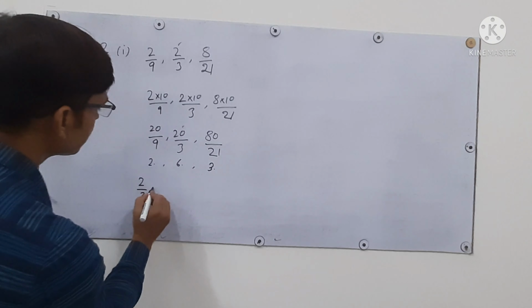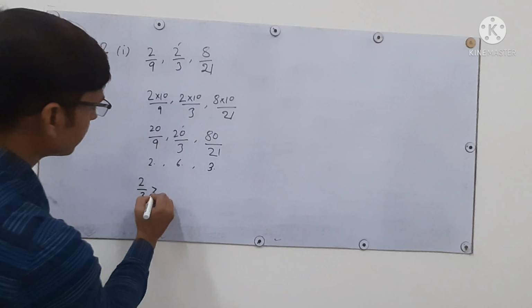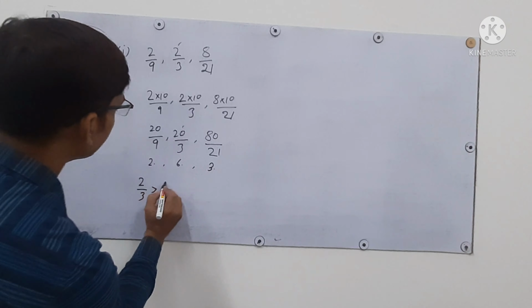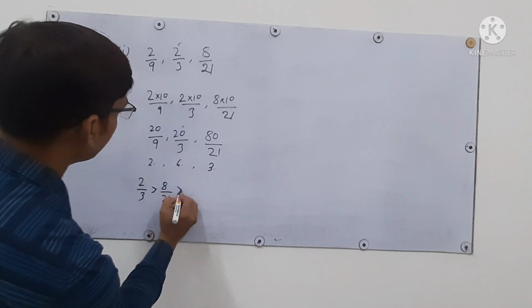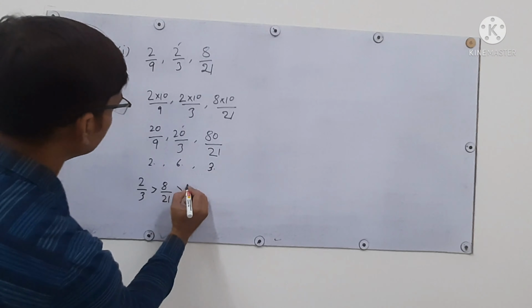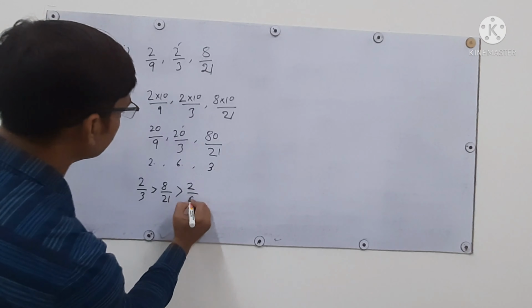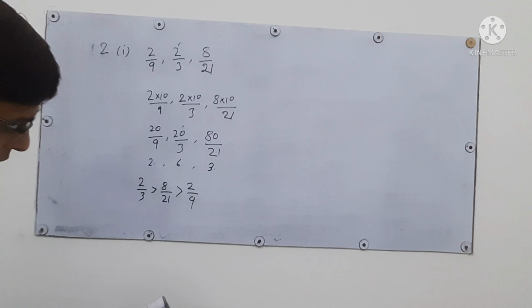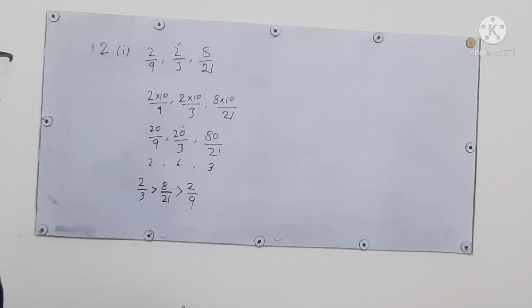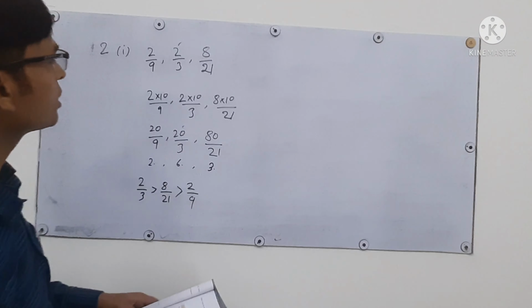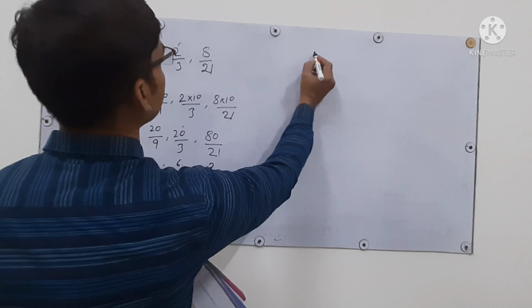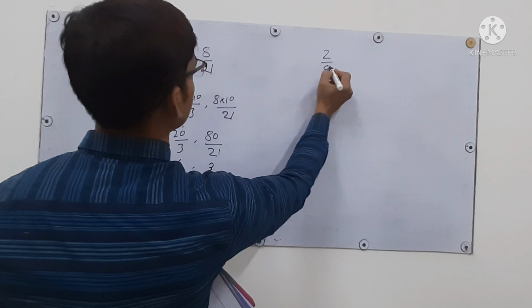So 2 by 3 is greater than 8/21, and then it will be 2 upon 9. So this will be its descending order. It is very easy, or we can solve it by another method also, that is by taking the LCM.